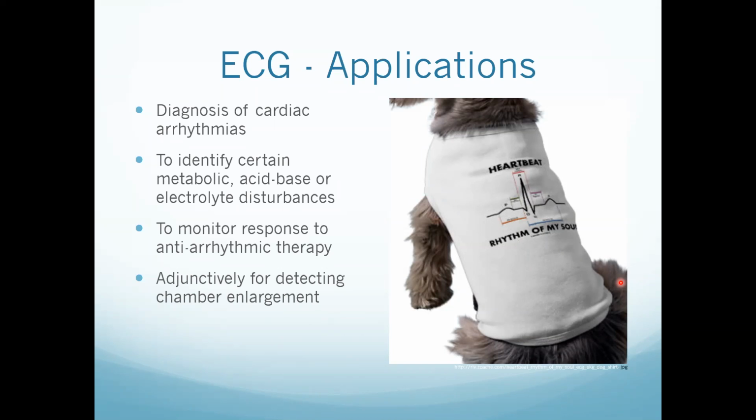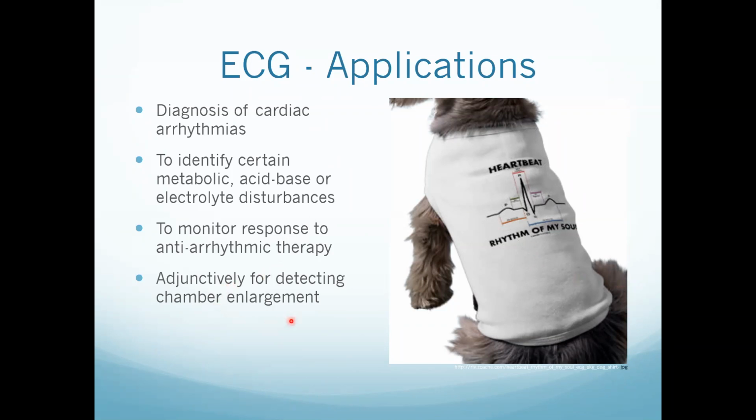We can also potentially identify certain metabolic and acid base and electrolyte changes, which will result in certain ECG changes and certain arrhythmias. We can use it as a monitoring tool in patients that we have started on antiarrhythmic therapies to see if they're responding to therapy, if there's been a partial response, maybe we need to adjust the medications, and even looking for additional arrhythmias that we might be causing with certain therapies.